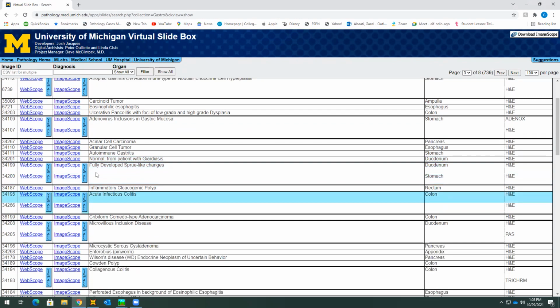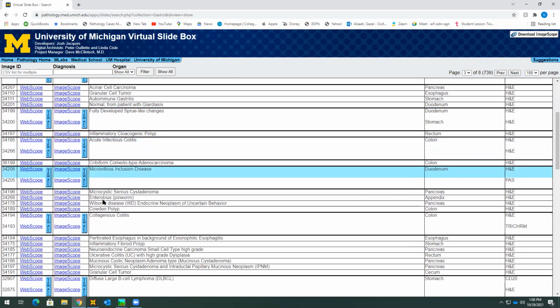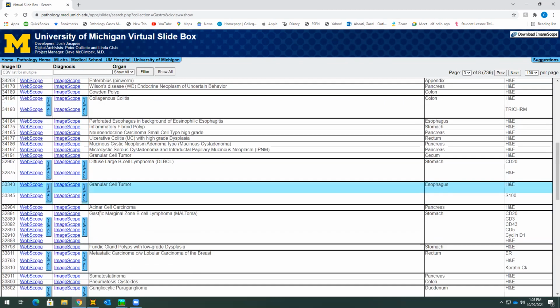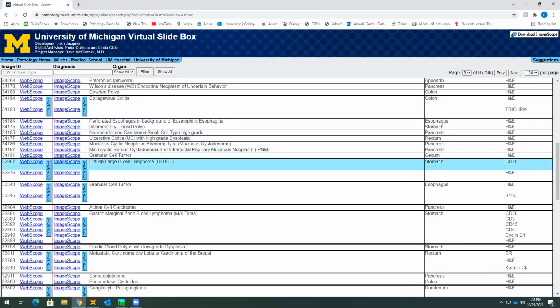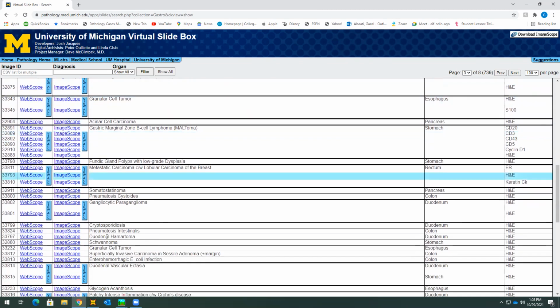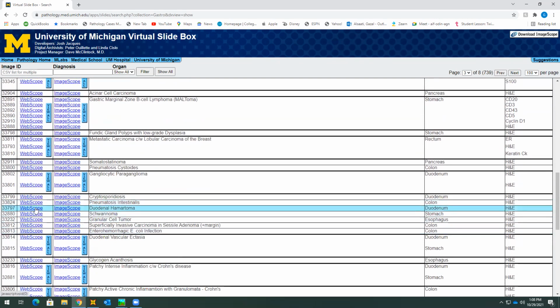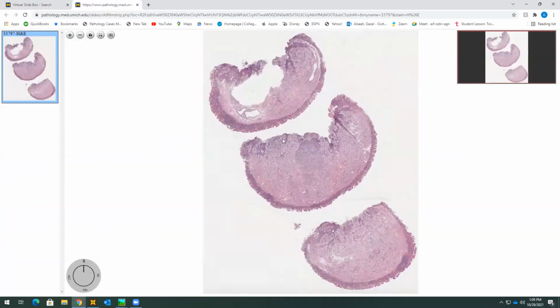Then we did cribriform, inflammatory, acute infection, adenoma. There it is, pneumatosis intestinalis. Okay. So now next is the duodenum, and it's titled as duodenal hamartoma.